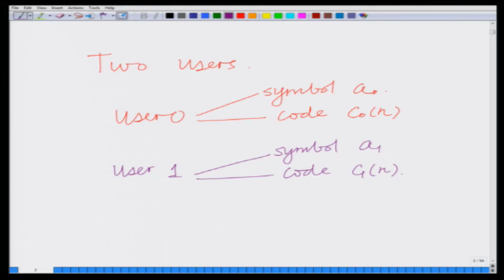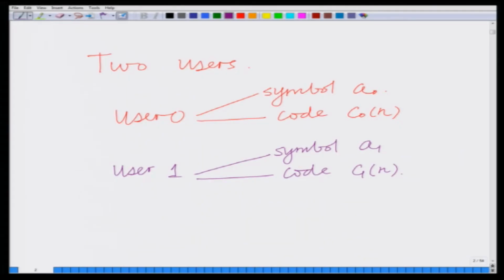We are starting with a simple two user CDMA scenario. We are considering user 0 who has symbol A0 and code C0 of n, and user 1 who has symbol A1 and code C1 of n.